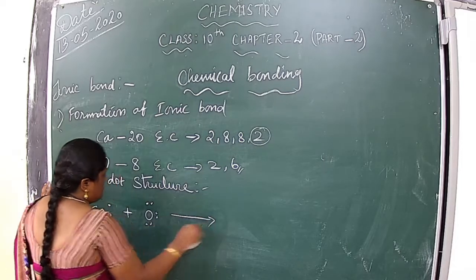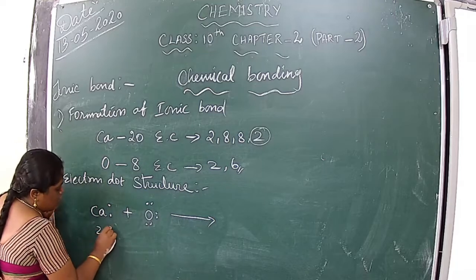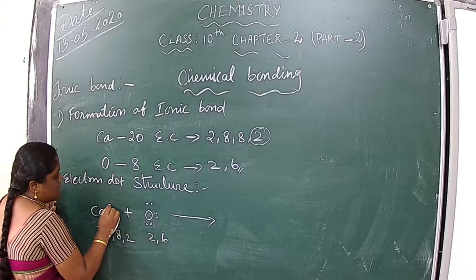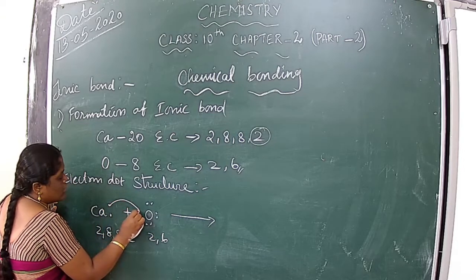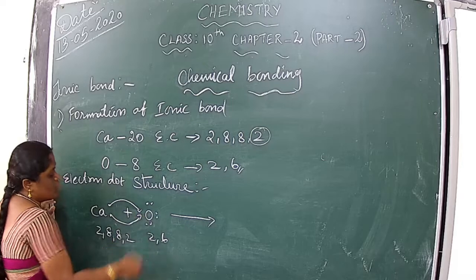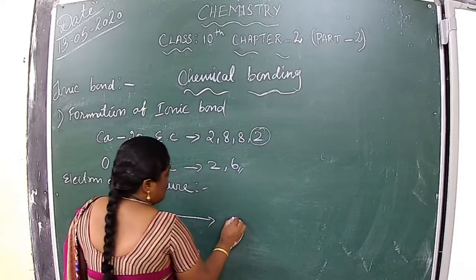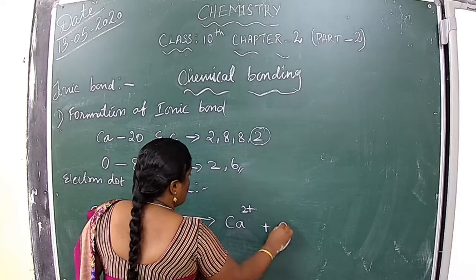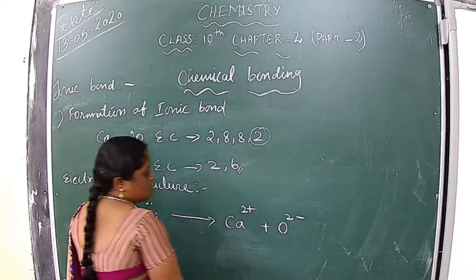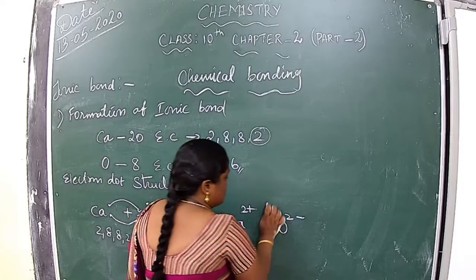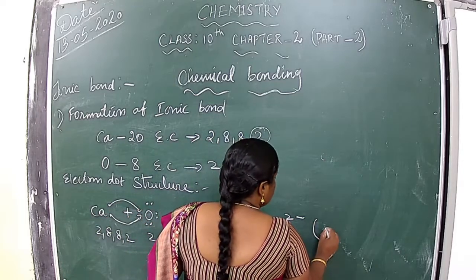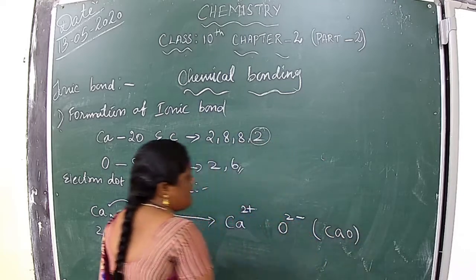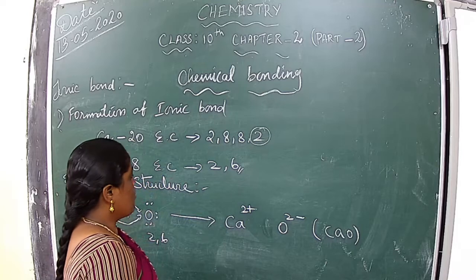Then this calcium, 2, 8, 8, 2, and oxygen 2, 6. Calcium loses 2 electrons and becomes Ca2+, and oxygen becomes O2-. Then CaO is formed, calcium oxide.